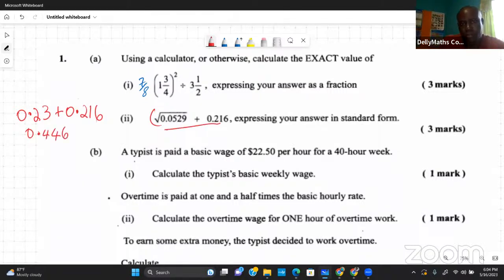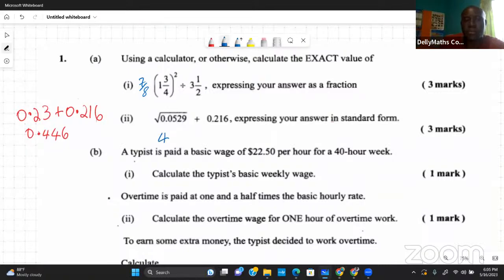0.446 for that. But be careful now. One has to read to see exactly what they want. It says express your answer in standard form. What you don't want to do is leave it like this. If we're going to put this in standard form, the decimal point must come after the first digit that is not a 0 from left to right.